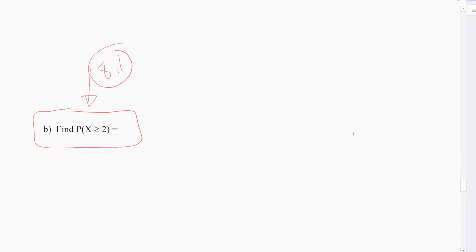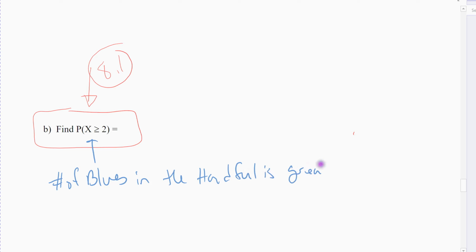Alright, part B is asking you, using the new notation, find the probability that my random variable x is greater than or equal to 2, right? My number of blues is greater than or equal to 2. And so this would be, I get the number of blues in my handful greater than or equal to 2.